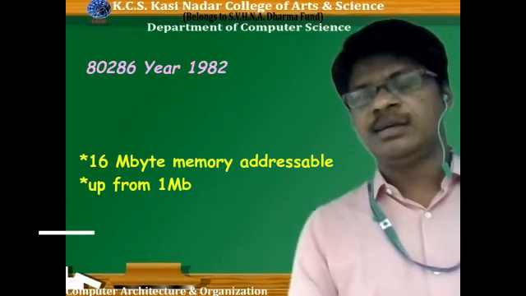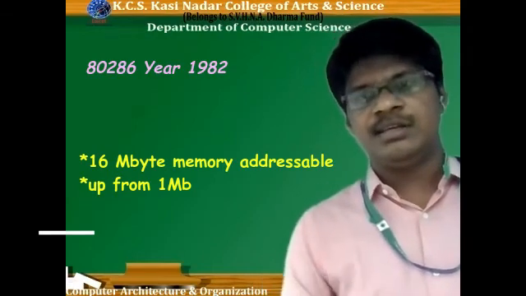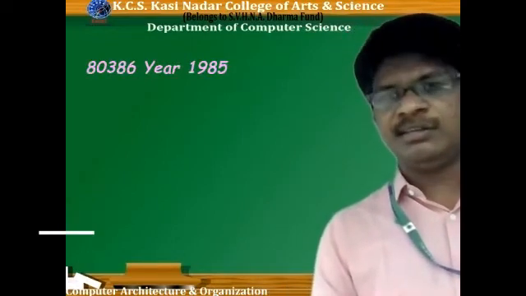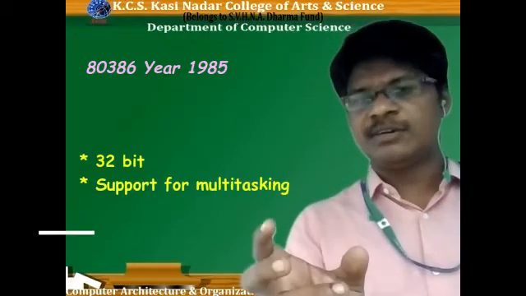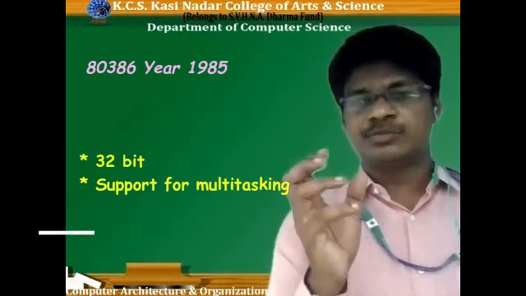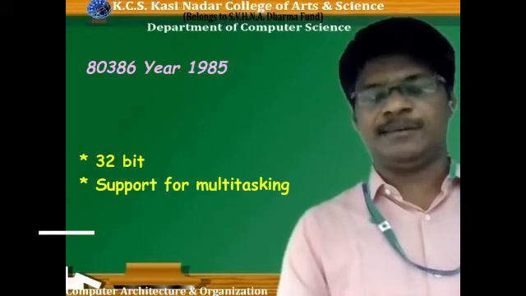After 3 years the technology improved, and in the year 1985 they invented the 80386, which is 32-bit and also the first processor to support multitasking.